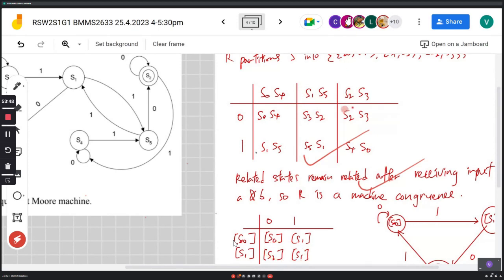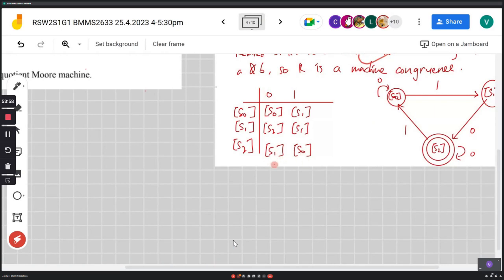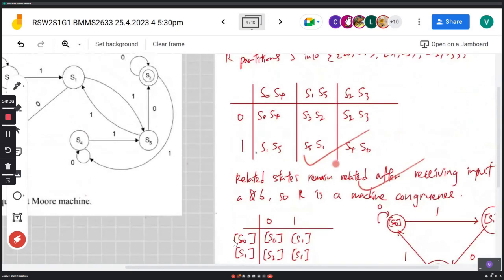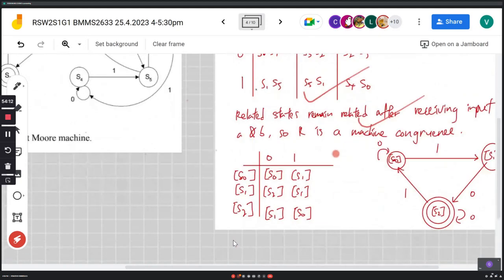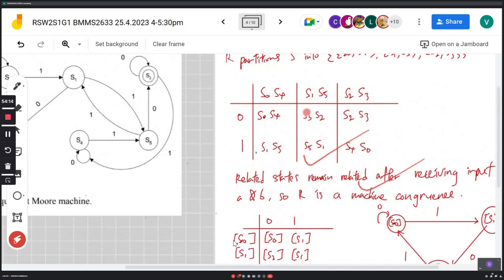And the last one is 2 and 4. So 4 is S0. So we have this one. S2 after input 0 is what? S2, right? This one should be 2, right?